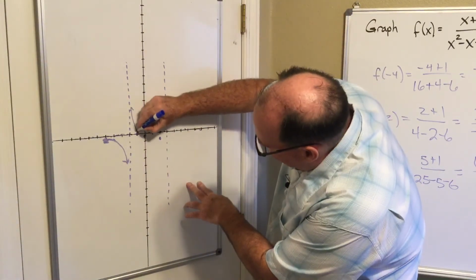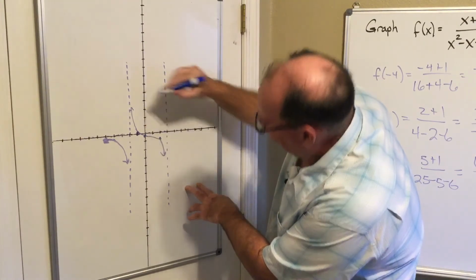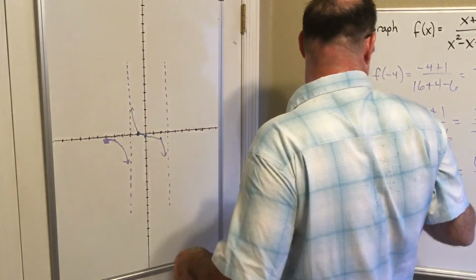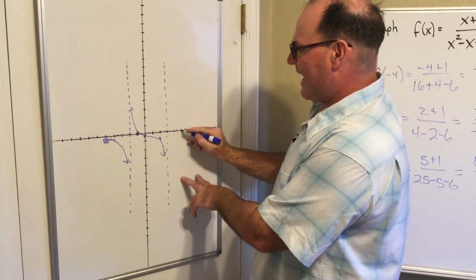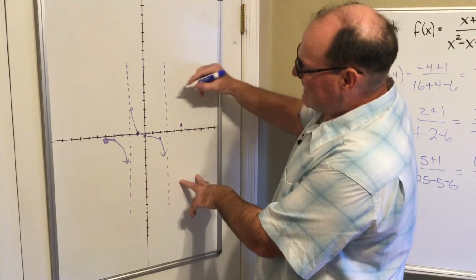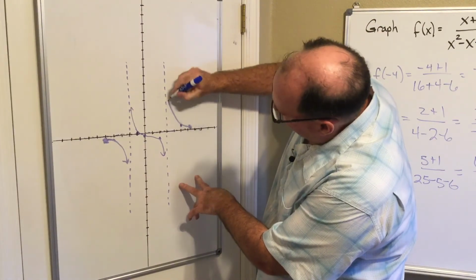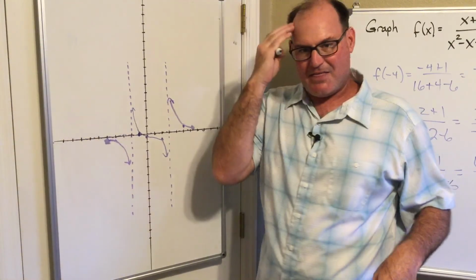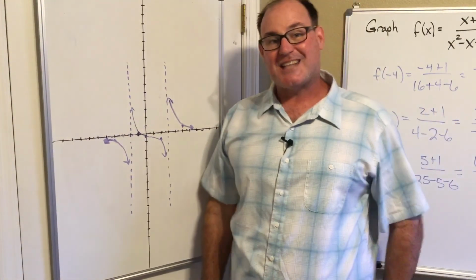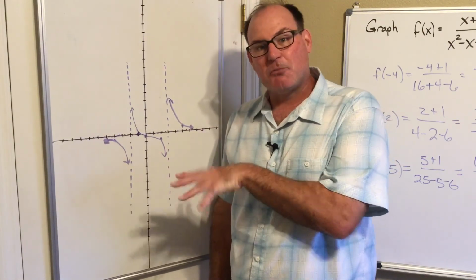So I'm going to finish the graph just like this. It's going to look something like that. And then when I plugged in 5, I got 6 over 14, which is just right around a half. So once again, the asymptotes define the behavior of the graph. Don't go through those asymptotes. And there is my graph. Lots of detail. It's just a sketch. And get as many extra points as you need.